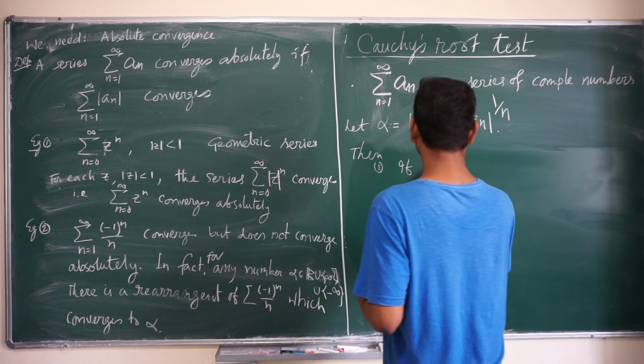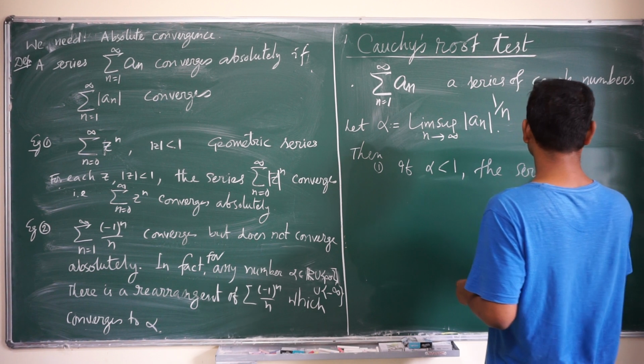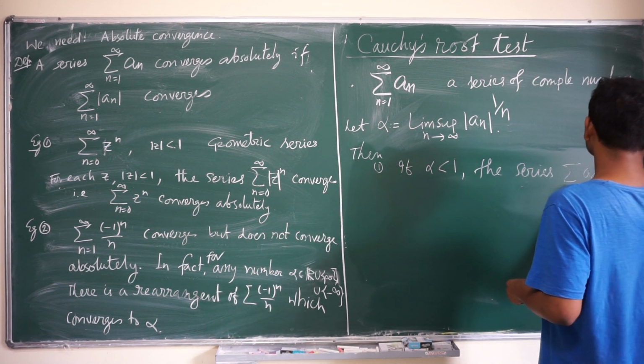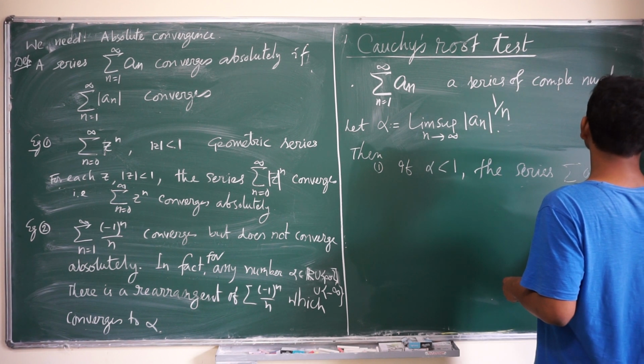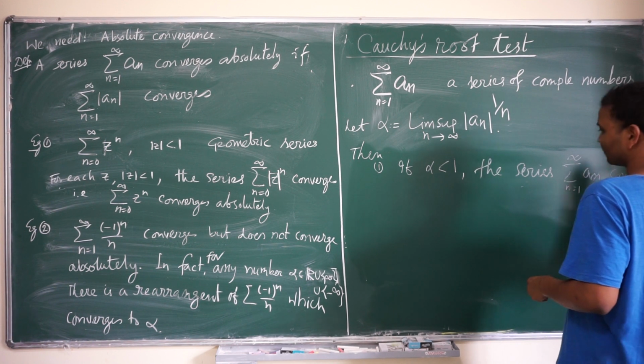if alpha is less than 1, the series summation a n converges absolutely.